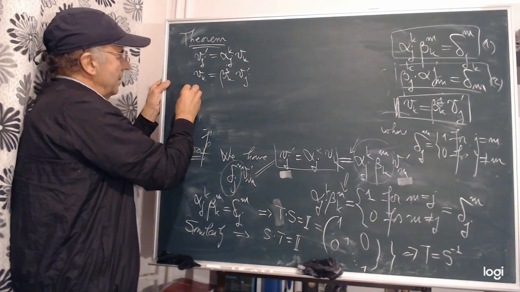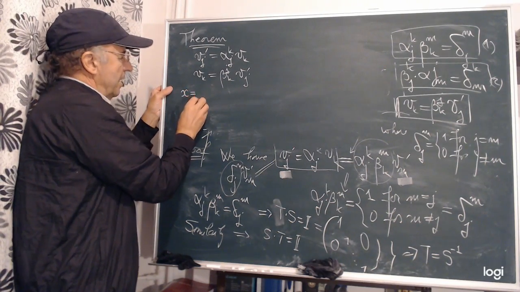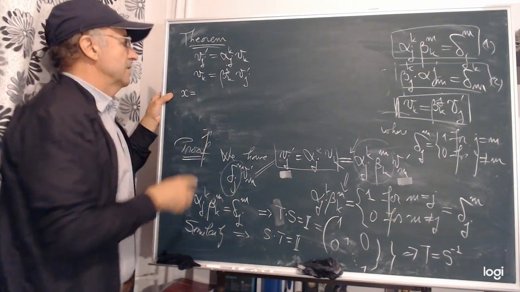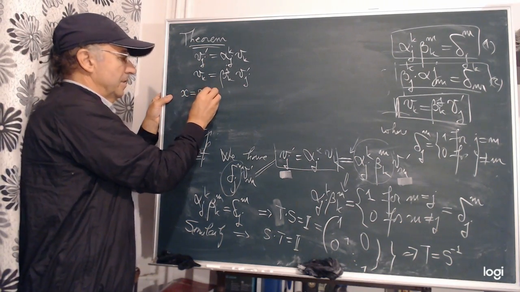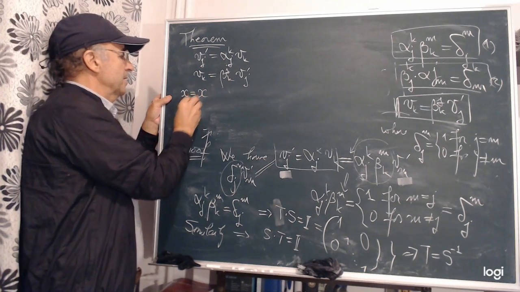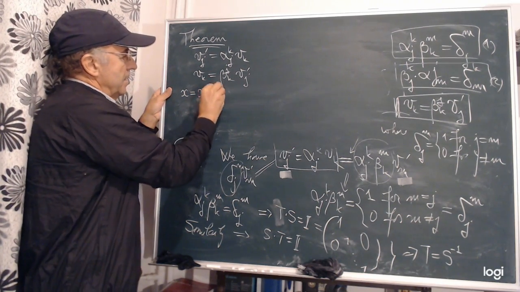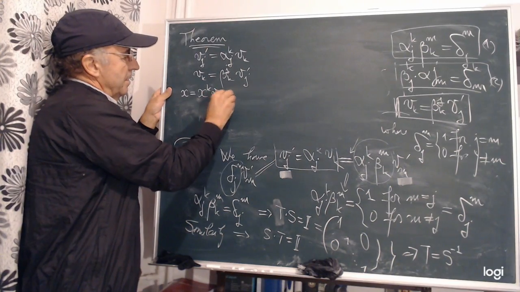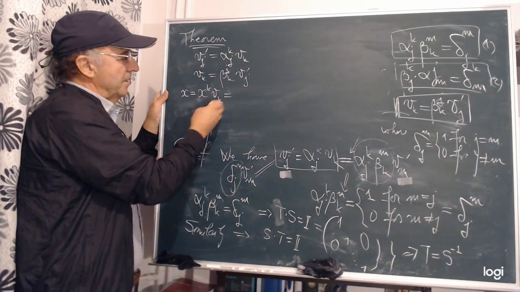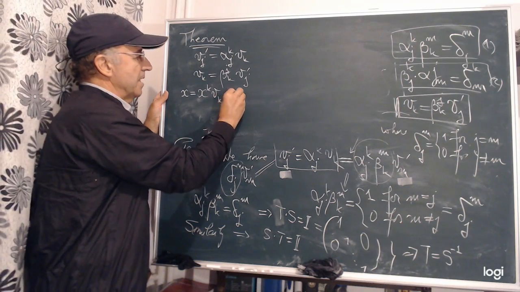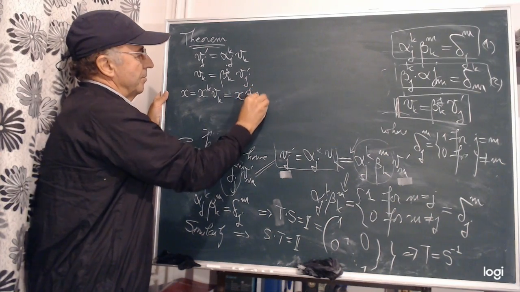And now let us consider an arbitrary vector x, the expansion in terms of the old basis, sum of xk vk, and the same vector expanded with respect to the new basis, sum of x prime j v prime j.